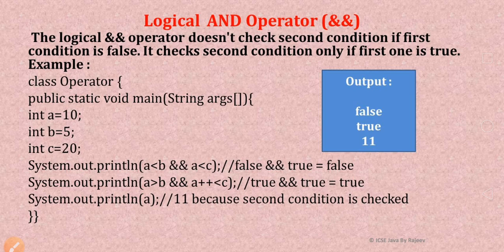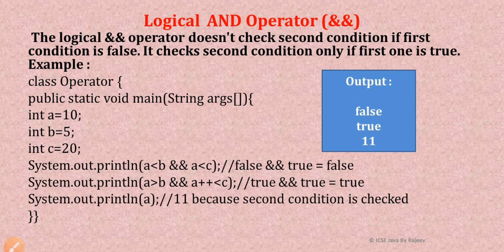Second SOP statement, A greater than B, 10 greater than 5, true. So in this case, it will check the second one also. A plus plus less than C, 10 less than 20, true. So both the expressions are giving true individually, so the final outcome will be true.